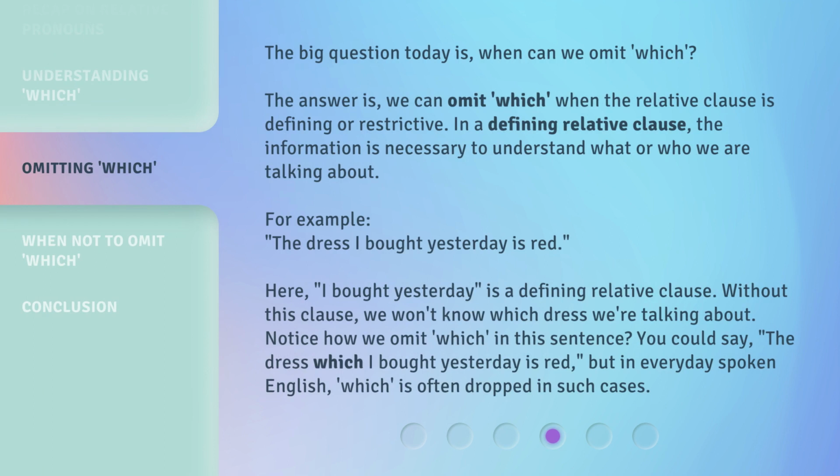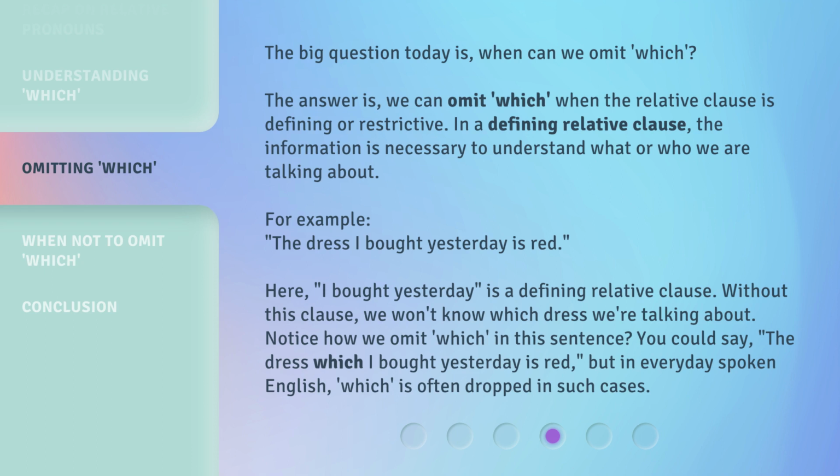The big question today is, when can we omit which? The answer is, we can omit which when the relative clause is defining or restrictive. In a defining relative clause, the information is necessary to understand what or who we are talking about. For example, the dress I bought yesterday is red.